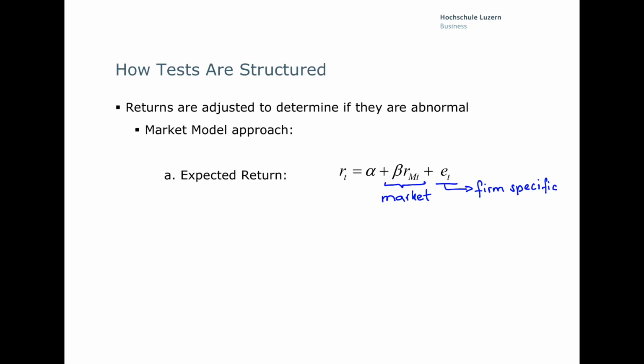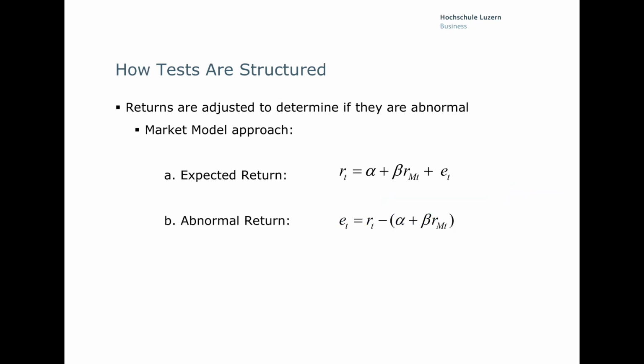Solving for ET, which is the part of a security's return resulting from firm-specific events, results in a function depending on the market rate of return Rm, the parameter beta measuring the sensitivity to market returns, and the parameter alpha, the average rate of return the stock would realize in a period with a zero market return. And the last factor is the stock return RT. The residual ET is the component due to the event in question.